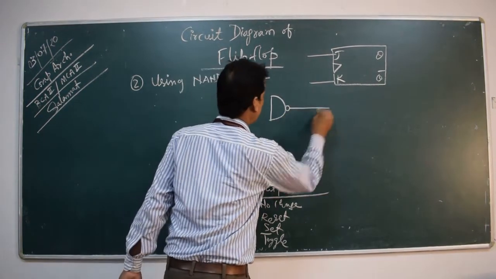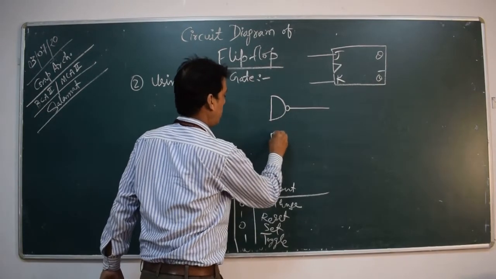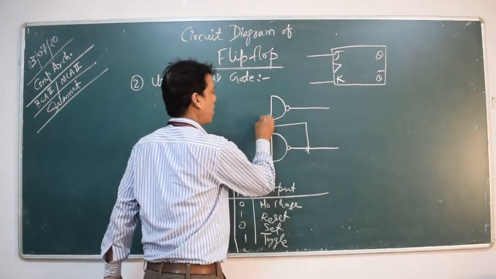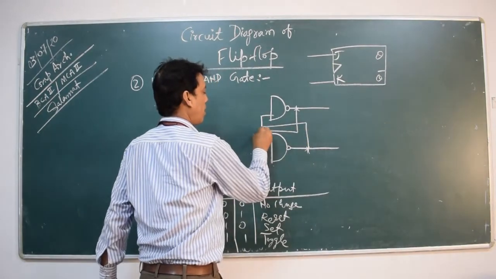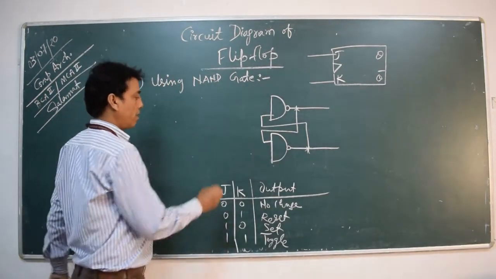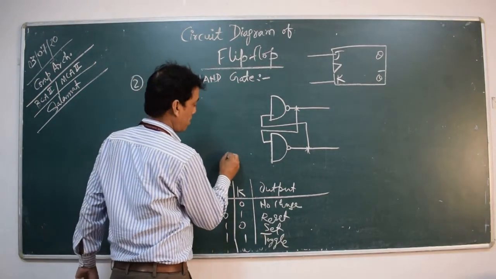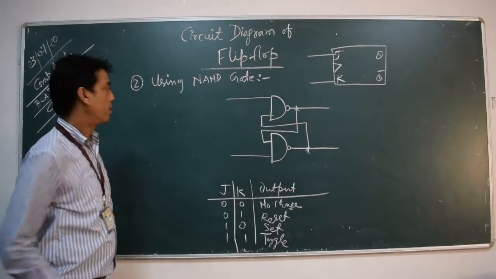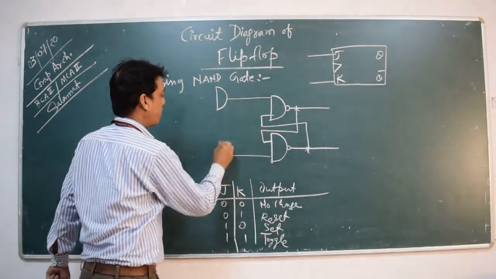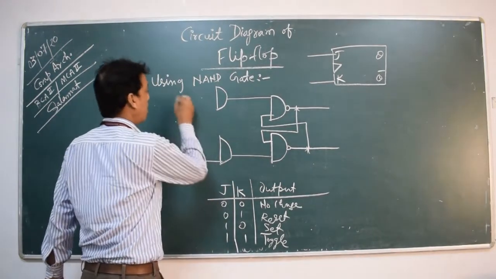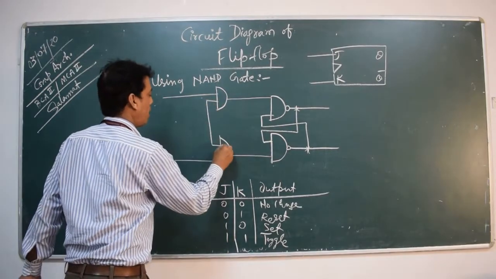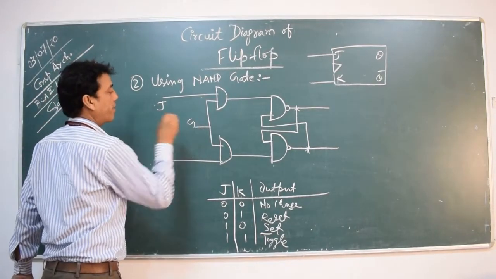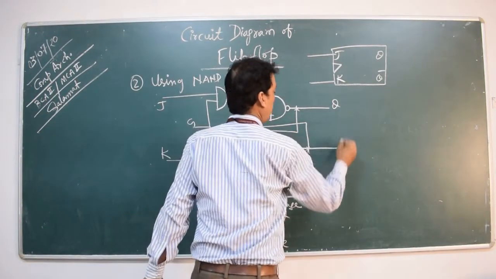This is NAND gate, and this is NAND gate. Do the same like we did in NOR gate, and see. Now same, take two AND gates. This is J, this is K, and this is gate. This is Q, and this is Q bar.